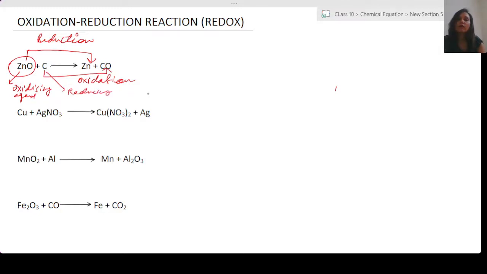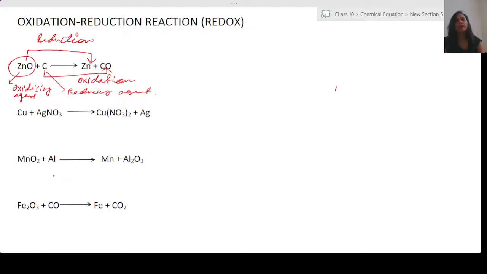Okay, if you are able to identify correctly the oxidation and the reduction reaction, then that particular compound will become the opposite of that particular reaction. Like for example, ZnO is undergoing the reduction reaction. So ZnO will be called the oxidizing agent, because it is the agent which is ultimately giving the oxygen here.